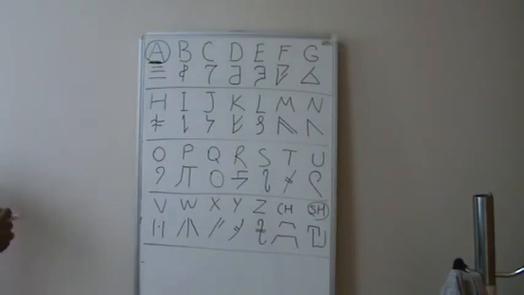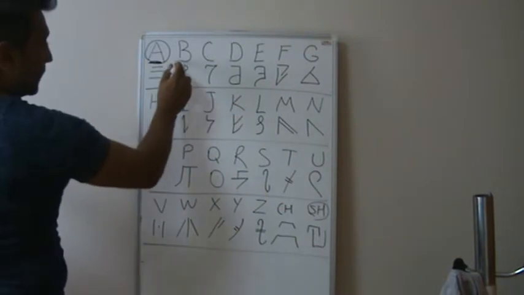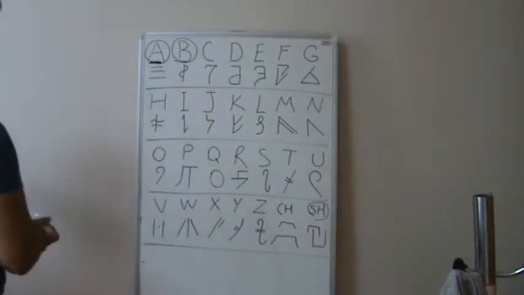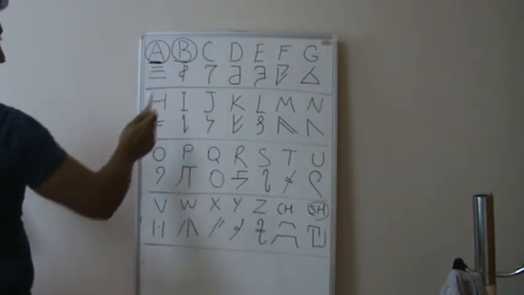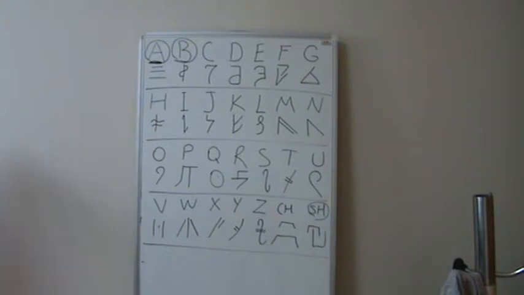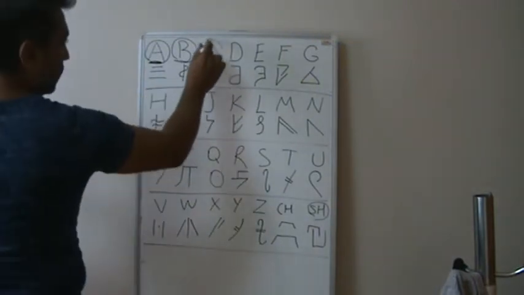B sounds like B in book. C sounds like J, as in joke.